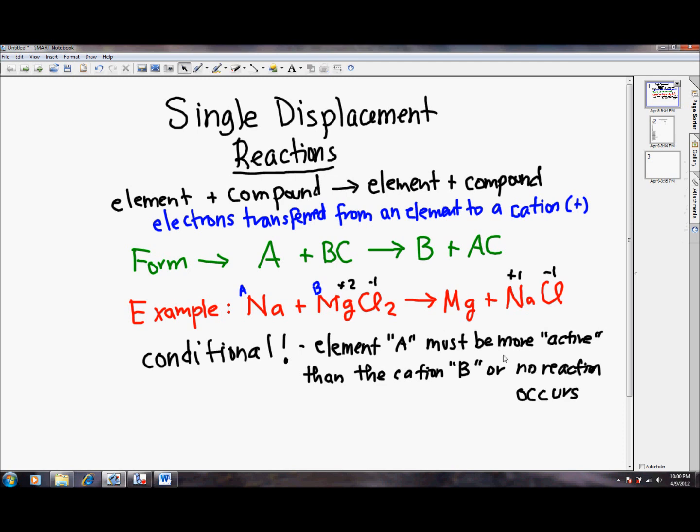Okay, so how do you find out if element A is more active than the cation B? In order to do that, you need to use something that's called an activity series.